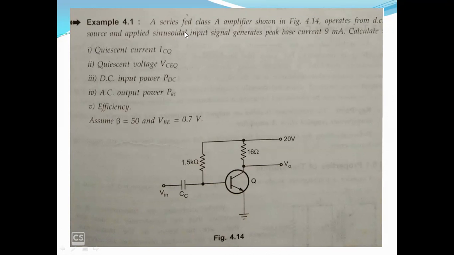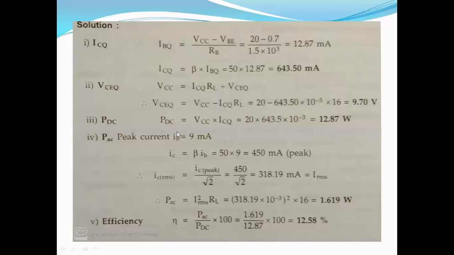If you are applying some sinusoidal input, it generates a base current of 9 milliamps. So that is the IB peak value. When we are applying some AC signal, IB is 9 milliamps. This is not IBQ, this is only IB.